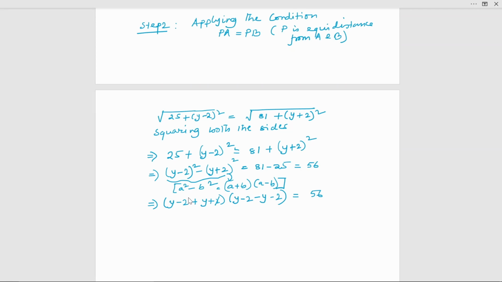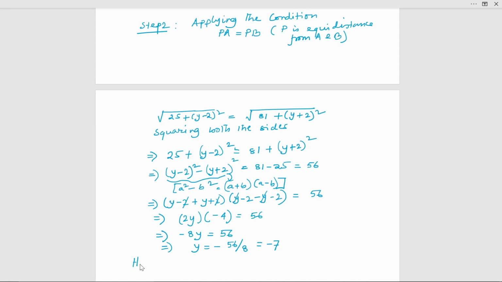So the 2s cancel, here y cancels, and what I get is 2y into minus 4 equal to 56, which is basically 8y equal to 56, or we get the value of y as minus 56 divided by 8, which will give you minus 7.